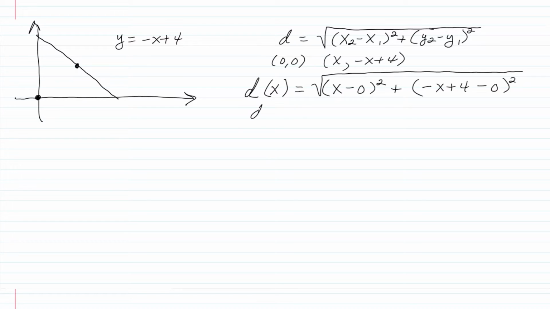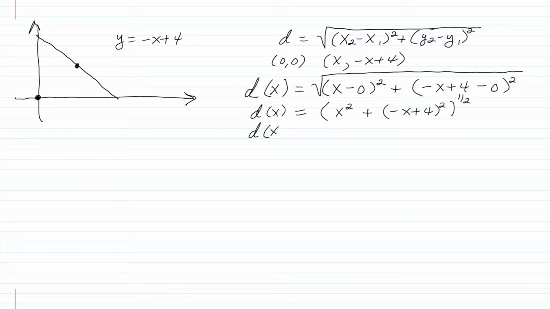So let's rewrite that in a little bit more calculus-friendly terms. So this is going to be x squared. So x minus 0 squared is just x squared. Then we're going to have plus the square of negative x plus 4. And then all of this will be raised to the 1/2 power. So let's go ahead and expand the binomial inside here.